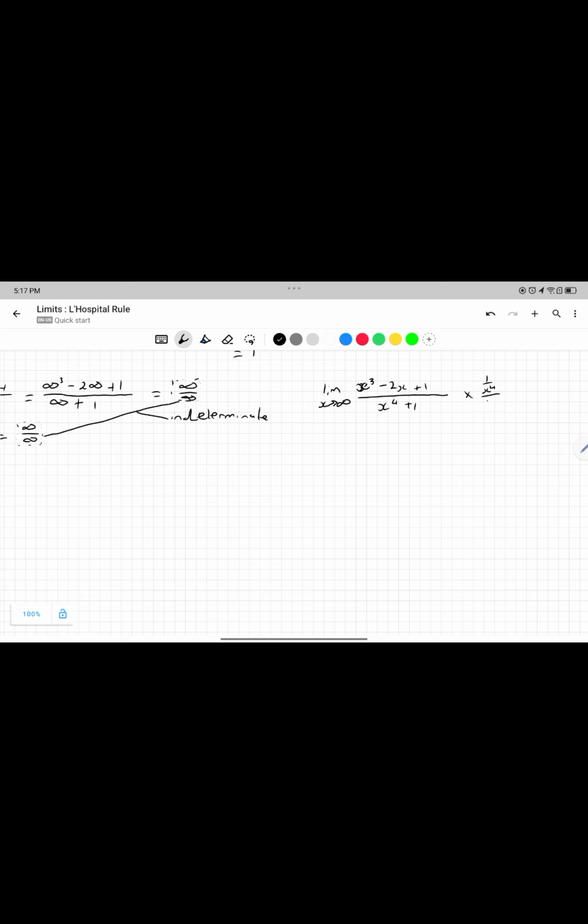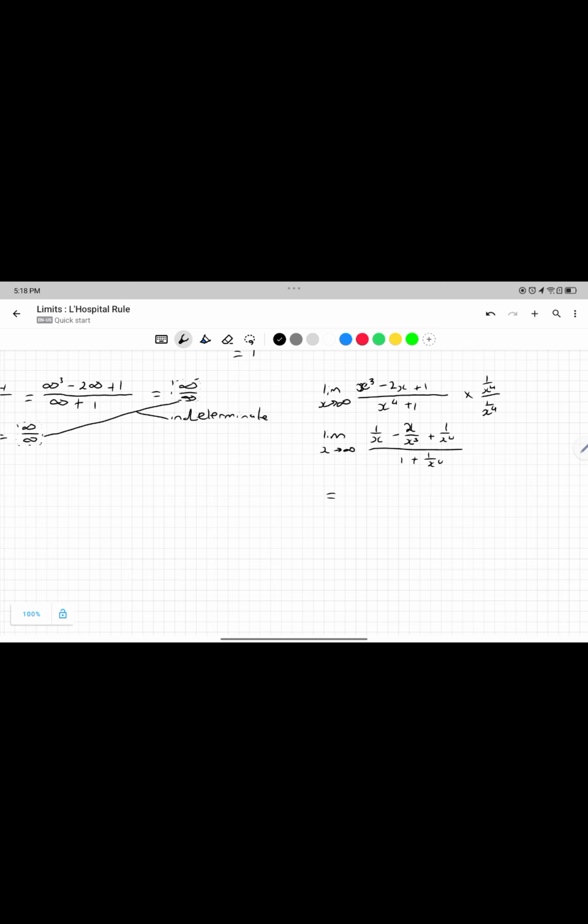Remember, if you watched my previous videos, I discussed this method. You multiply both the numerator and the denominator by the highest power of the denominator. So that means you will be getting 1 over x minus 2 over x cubed plus 1 over x to the 4th all over 1 plus 1 over x to the 4th.